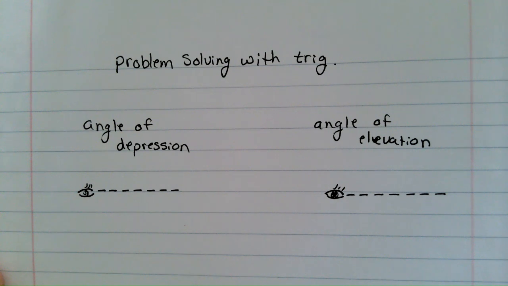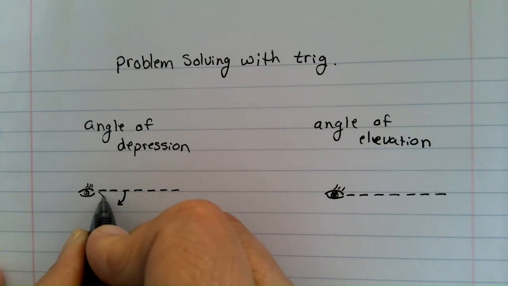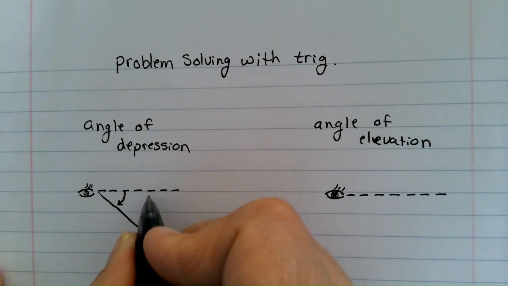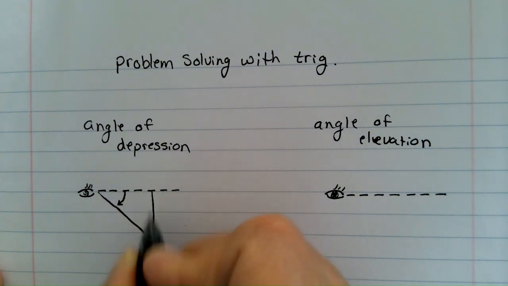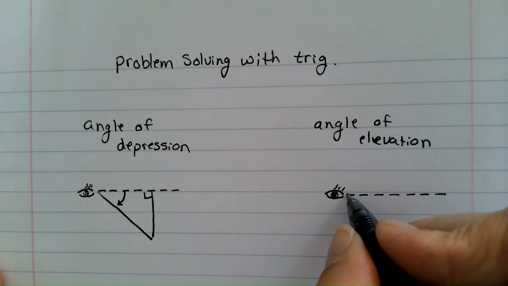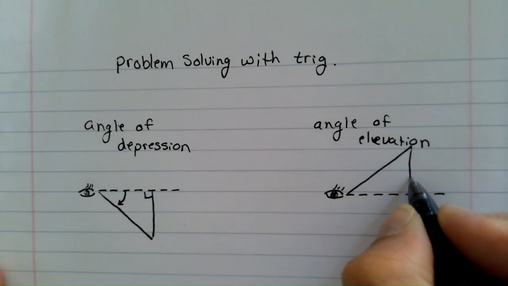If I tell you to look down, or depress, that would be your angle of depression. And so we could create a right triangle with that. If I said elevate your head, you would look up and you create a right triangle.